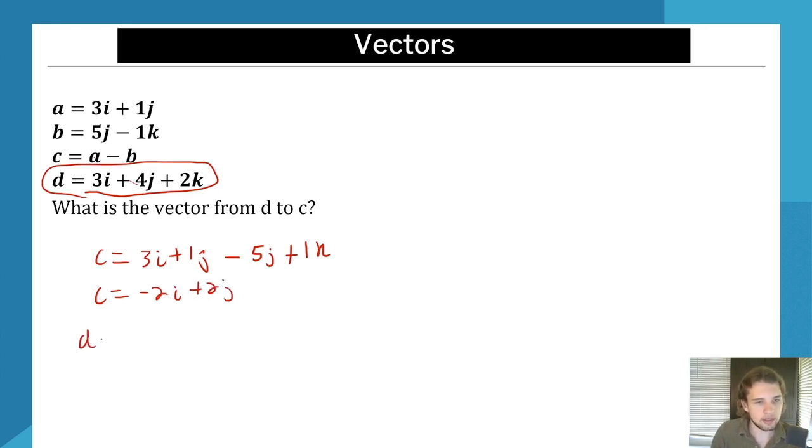Then we want to get D to C, so that means we're doing C subtract D. So that equals minus 2i plus 2j, and then we subtract everything in D. So this is all quite simple. It's just very basic addition, subtraction, etc.